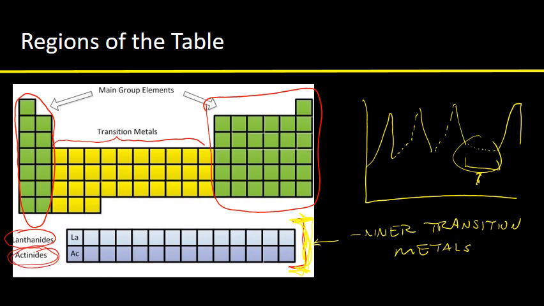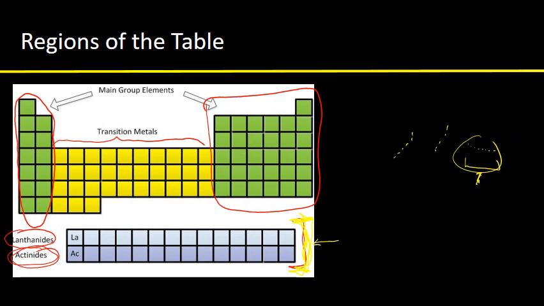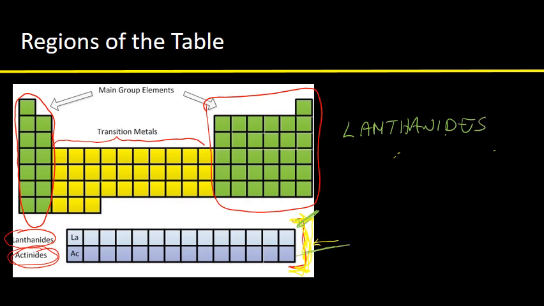And those are easy to remember because they're just named after the first element in each of those rows. So this first row here, those are the lanthanides, and this second row down here, those are the actinides, right? So, 4 groups you should know: lanthanides, actinides, the main group elements and the transition metals, because these main group are not all metals.